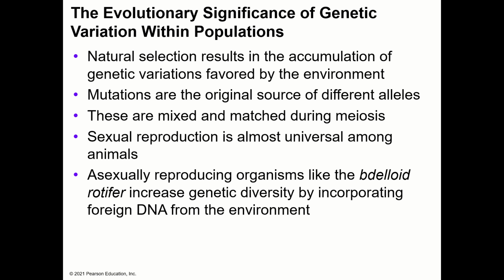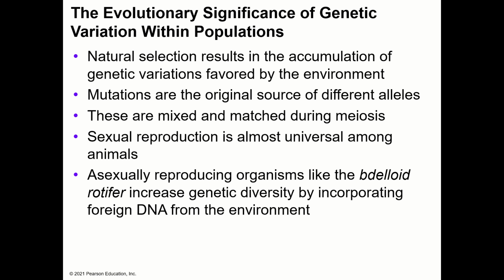But there are also mutations, which are the original source of different alleles, such as whether or not you have a blue eye or a brown eye or green eye in humans, or hazel. These are mixed and matched during meiosis. Sexual reproduction is almost universal among animals.